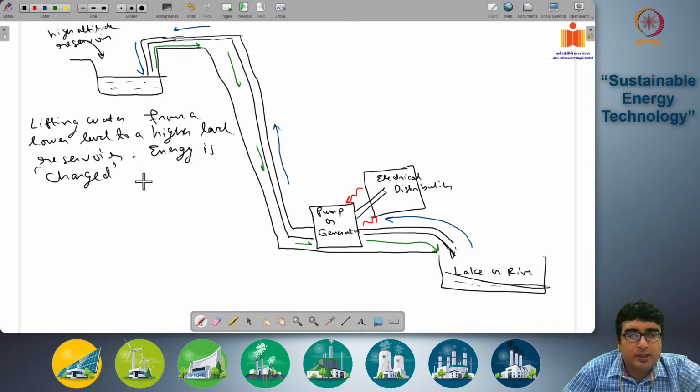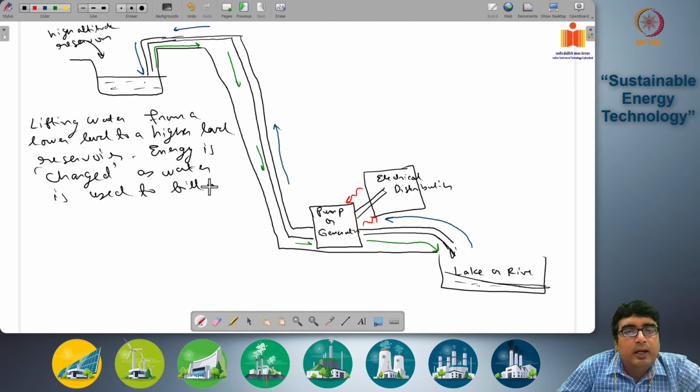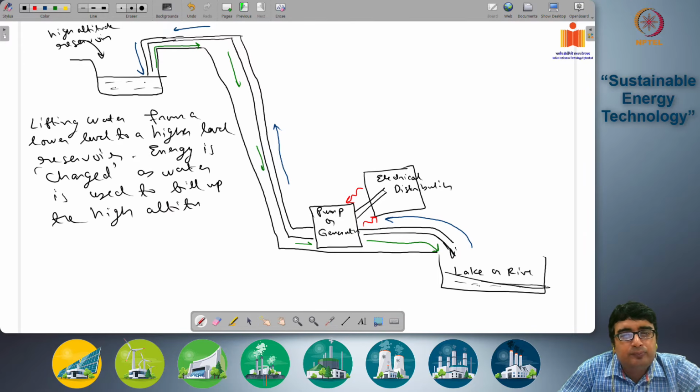It is charged as water is used to fill up the high altitude reservoir.